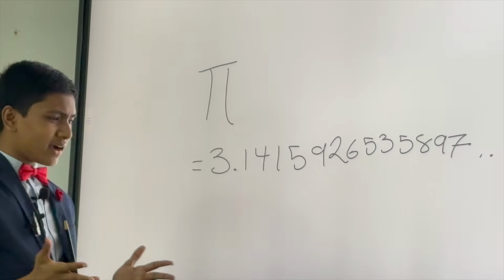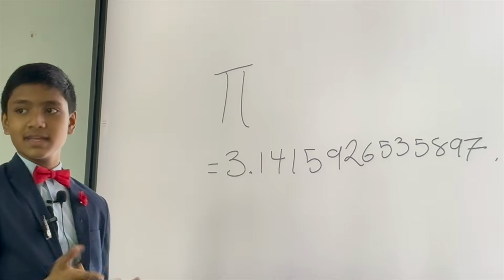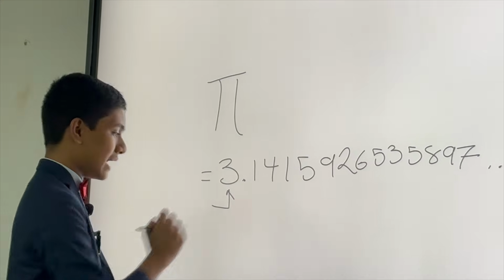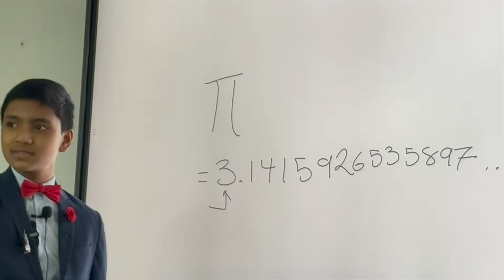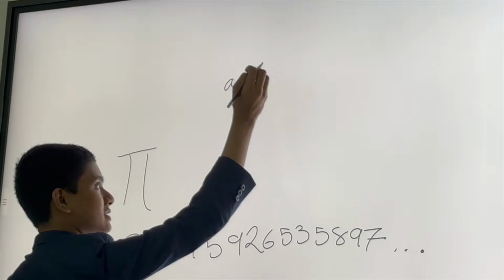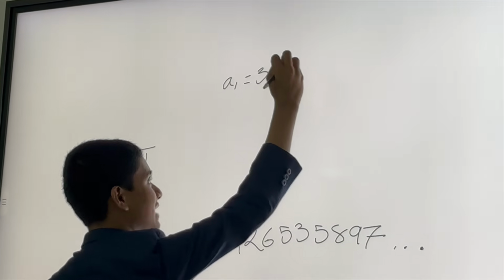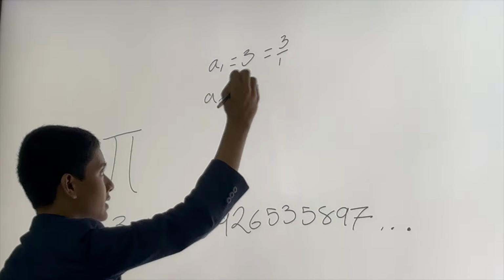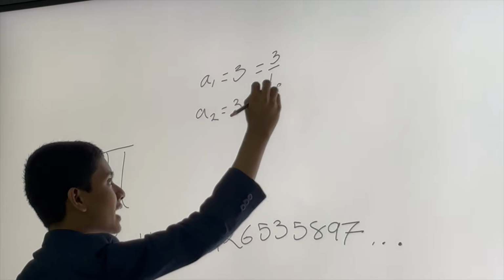So let's first take the naive approach to approximating it. What happens if we just approximate it by taking the first n digits and truncating the rest? Well, let's take approximation 1 to just be 3, and of course that's a rational number. You can take approximation 2 to be 3.1, which is also a rational number.